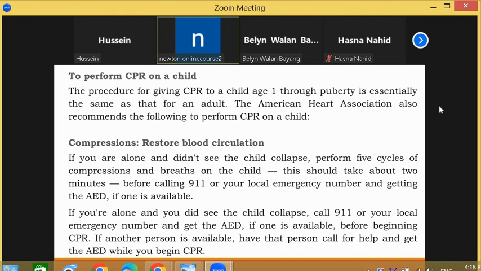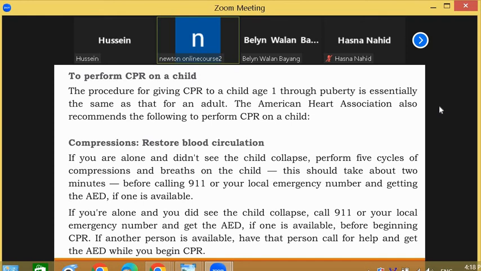The same procedure is done for babies also. There is no difference for a child and an adult. The only difference is in babies. In the adult, you saw the man using his elbows straight, but in babies only 2 fingers can be used.